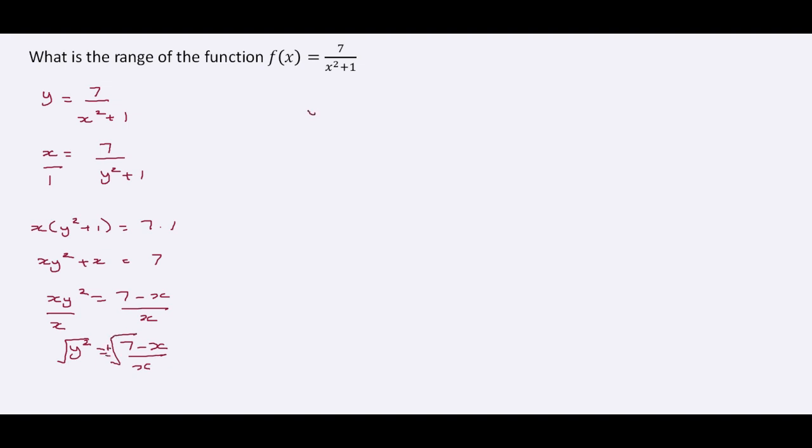So y equal to the square root of (7 - x)/x. So first we write this as f inverse of x equal to the square root of (7 - x)/x.